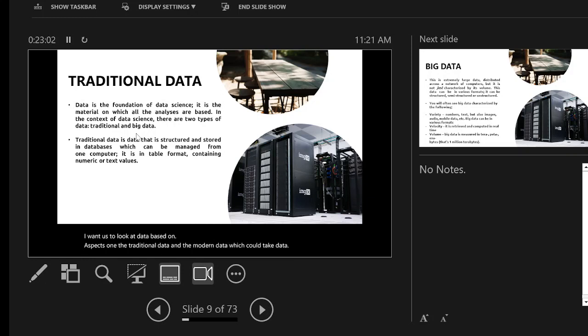As we have said, data is the foundation of data science, so it is the material on which all the analysis is based. In the context of data science, there are two types of data. We have the traditional data and what we call big data.